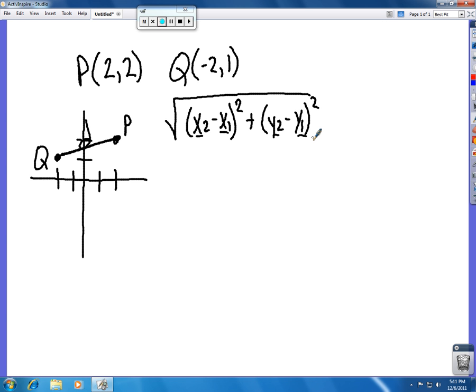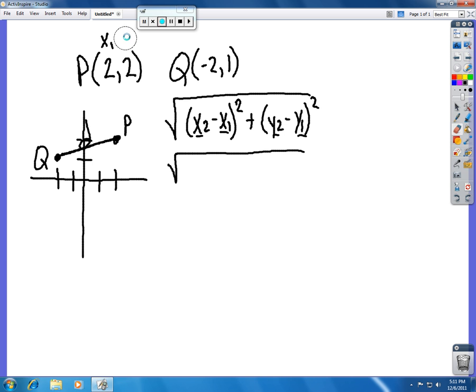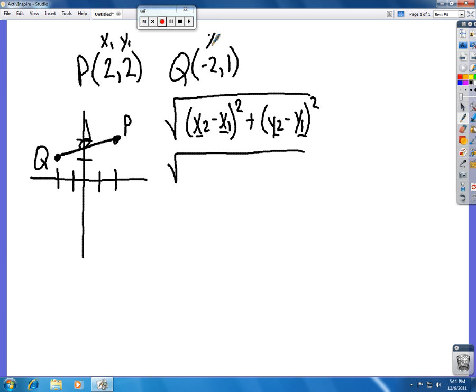Really it doesn't matter which point you pick to be your x1, y1 point or your x2, y2 point, just as long as you keep the variables the same. So I vote, let's have this be x1, whoops, that's supposed to be y, my eraser. x1, y1, sorry about that, x2, y2.